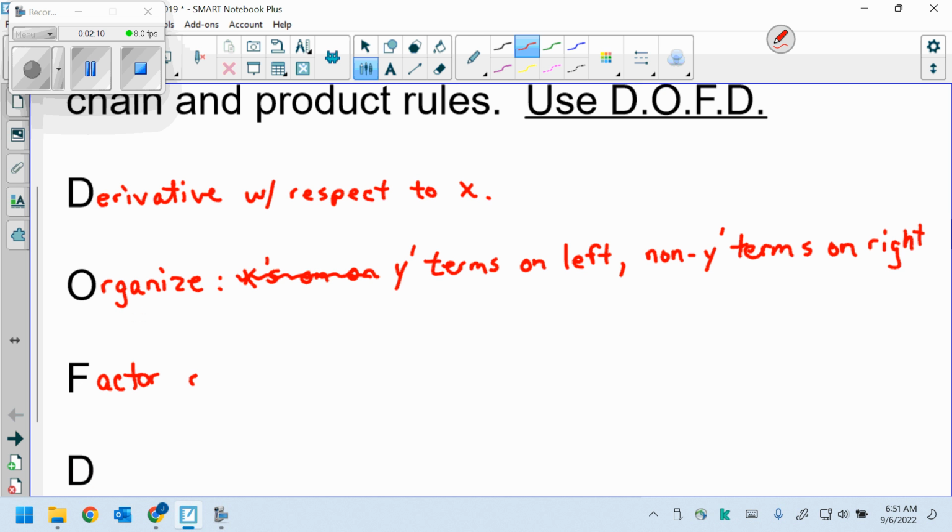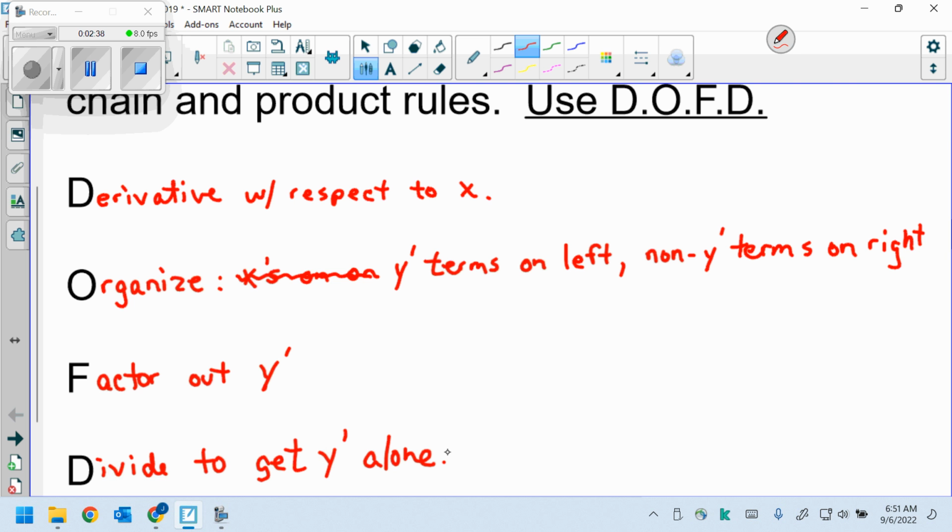We will factor out y prime. And finally, we will divide to get y primed alone. All right. So that's what we're going to do.